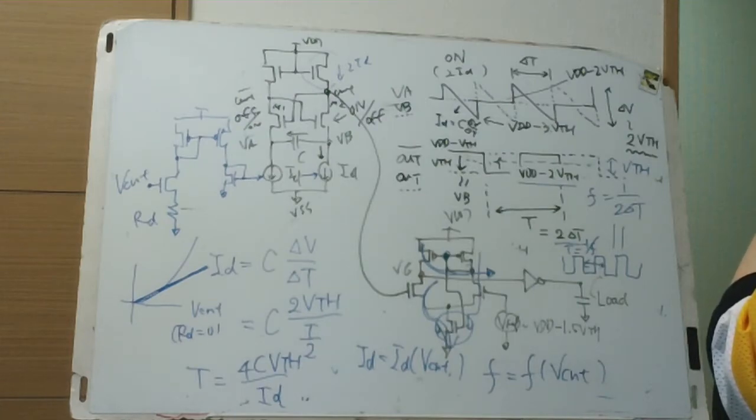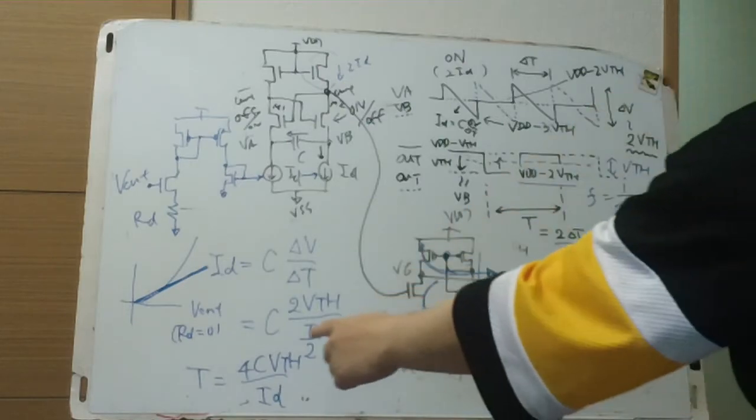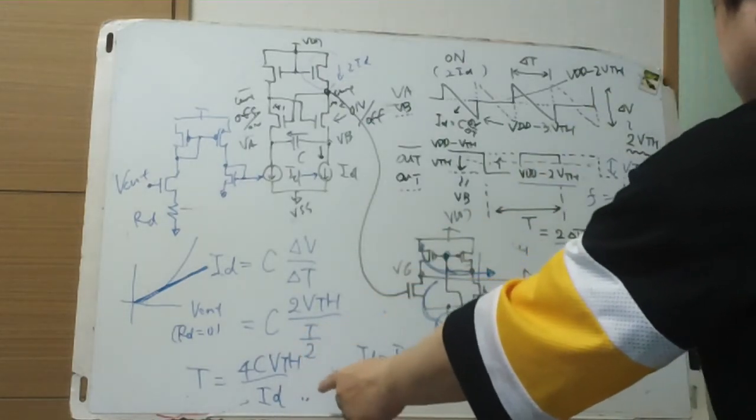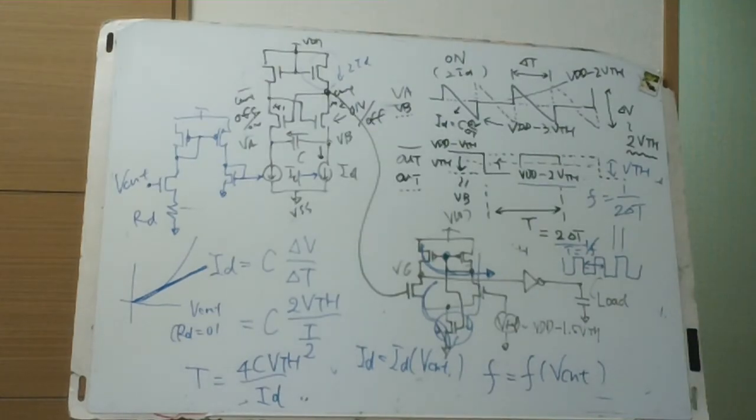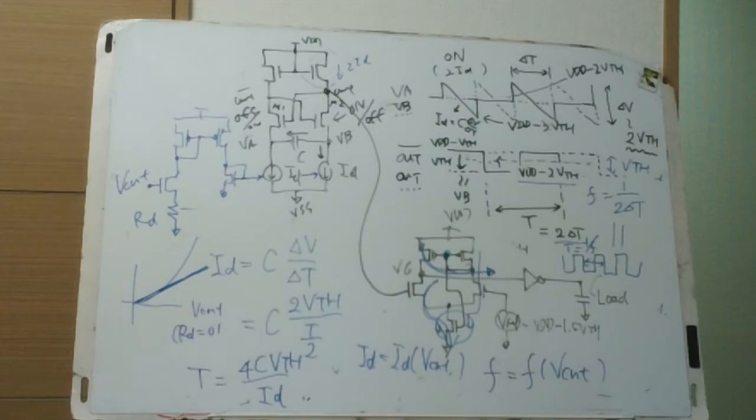You need small capacitance, small VTH, large ID for a small period, for a higher frequency of this VCO. Are there any points that must be commented here?